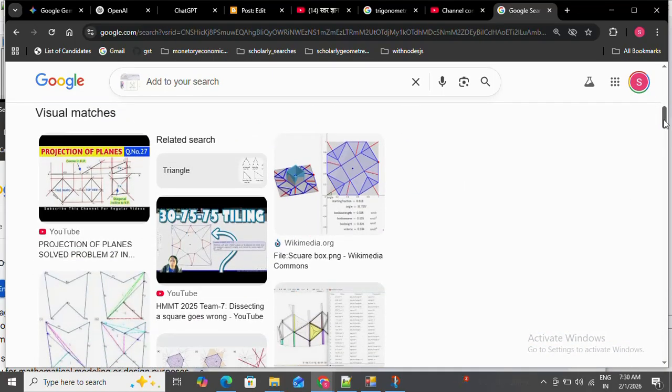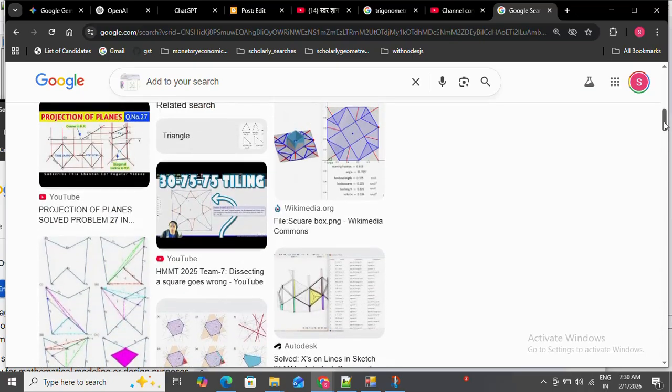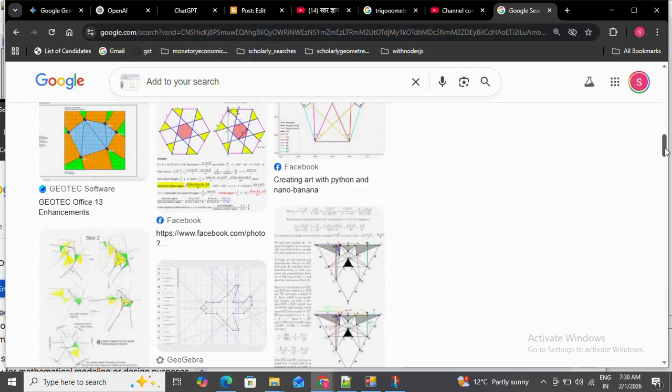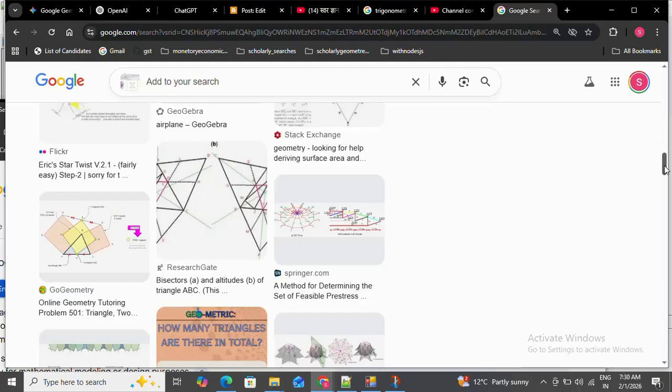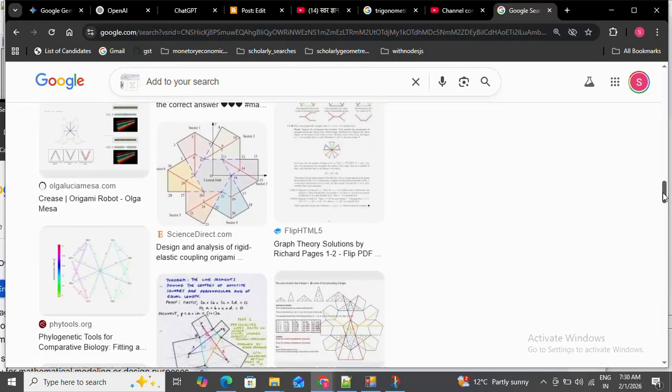These are crystallographic software where we can see these kinds of images, and they are present in the applications of magnetography and material sciences, also in maths Olympiad problems. Even in the design analysis of rigid elastic coupling in origami systems, these kinds of mathematical symmetries are used.